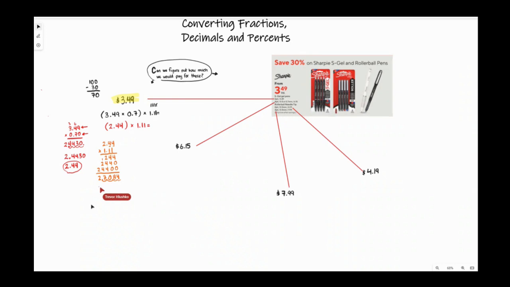So my final answer then is 2.7084. I don't deal with that for money, so it actually turns out to be $2.71.